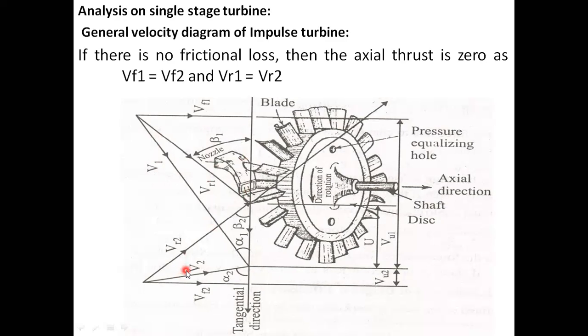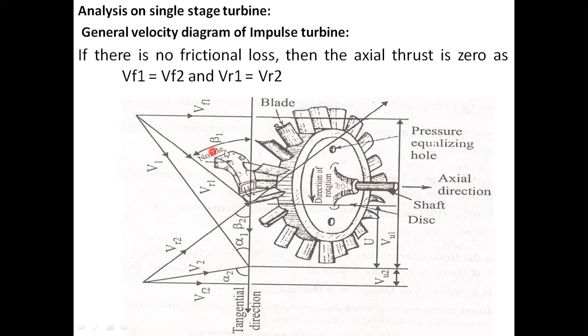The same with suffix 2 is used for the outlet triangle, so V2 is the absolute velocity at outlet, VR2 is the relative velocity at outlet, VF2 is the velocity of flow at outlet, alpha 2 is the outlet steam angle, and beta 2 is the vane angle at outlet.